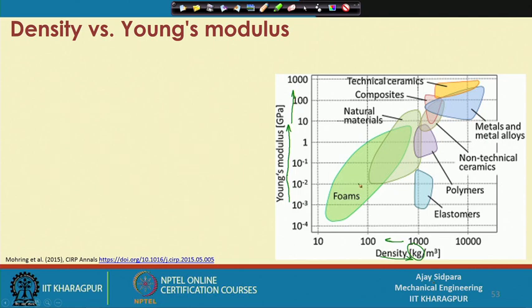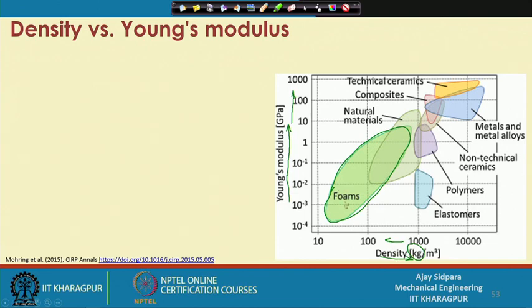To get both of these things, it is very difficult to find one particular material which will fulfill all the requirements. If you see this particular thing, foam occupies a large amount of area, because foam has a very small Young's modulus, something like a rubber or elastomer type of thing.